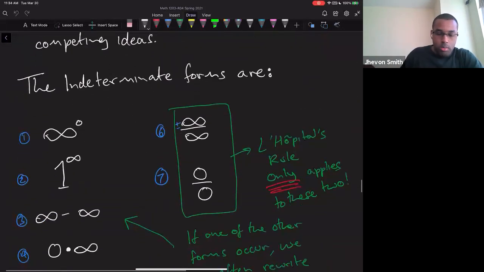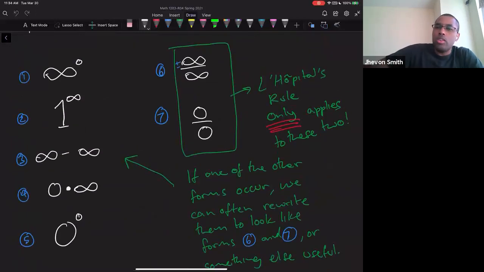They are forms in which you cannot really determine them at face value because of the competing ideas that they espouse. It's more that they can be interpreted in multiple ways that would give multiple different answers, and you can't be sure which is which or what part of the expression would win, etc.